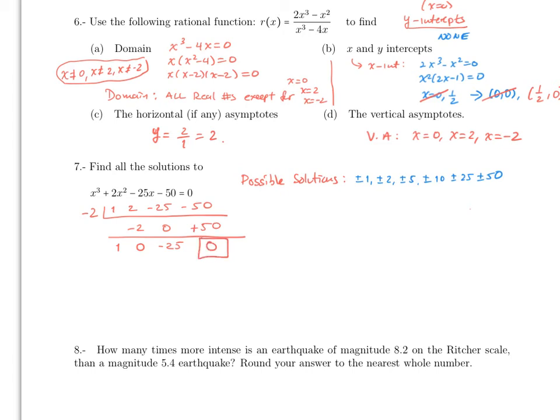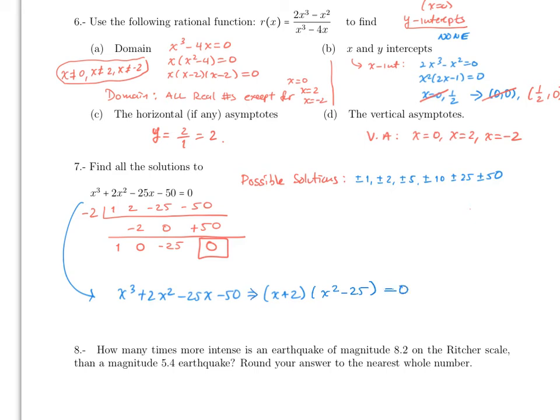So therefore, that means the x cubed plus 2x squared minus 25x minus 50 can be factored as x plus 2, because one of the solutions is -2, times x squared minus 25.